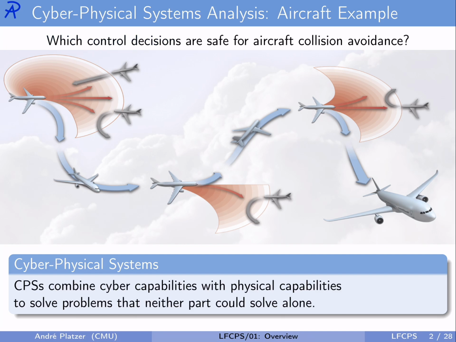First of all, what is a cyberphysical system? By way of an example in the air. Suppose that you are the pilot of this aircraft and you got into a difficult situation with other aircraft being rather nearby to you.